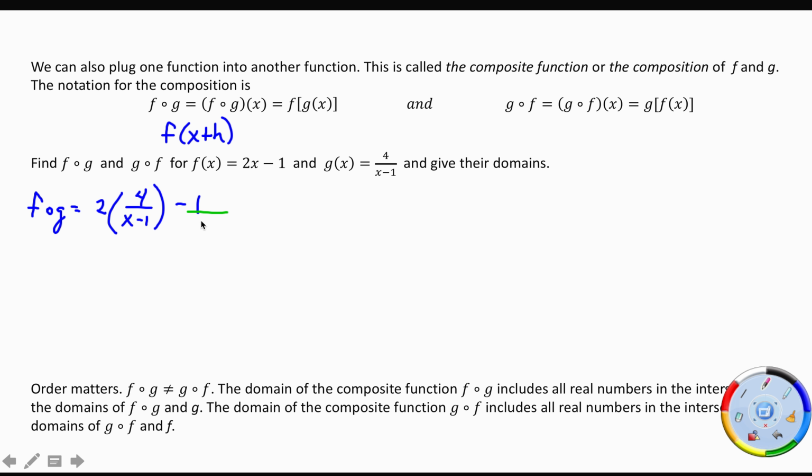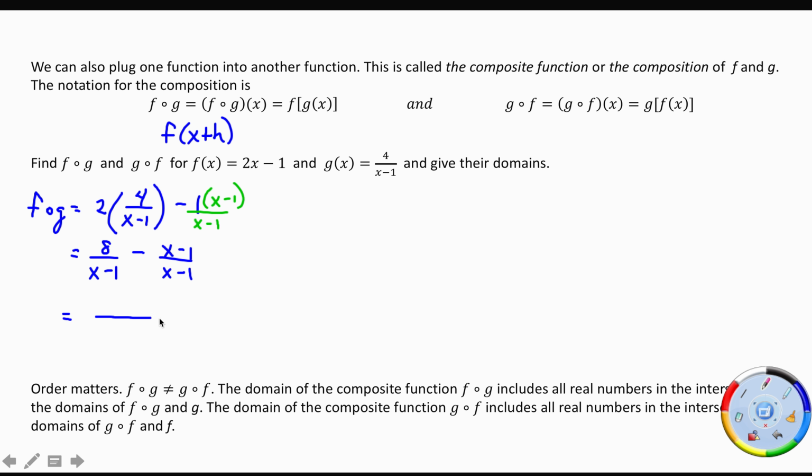if we're going to combine those functions. I need a common denominator, so 8 over x minus 1 minus x minus 1 over x minus 1.